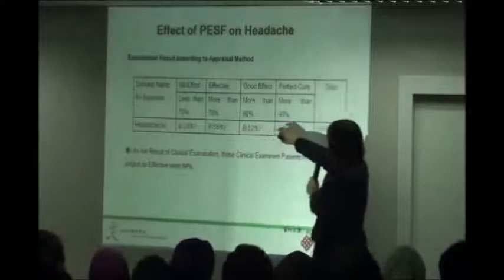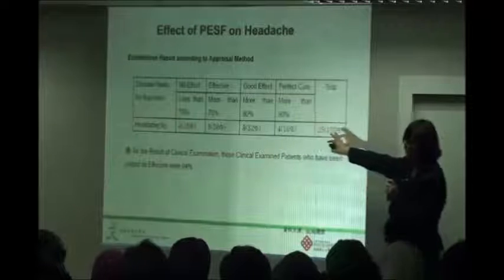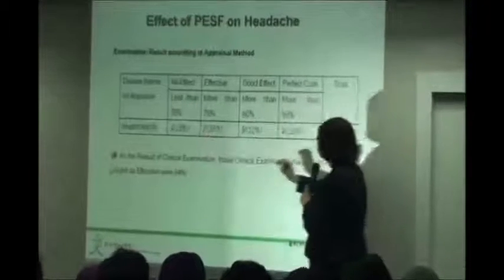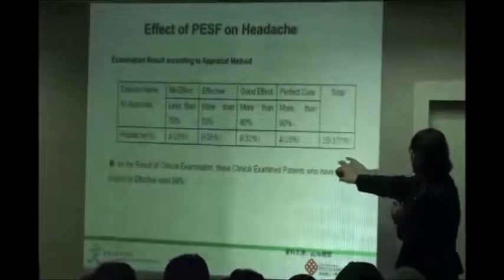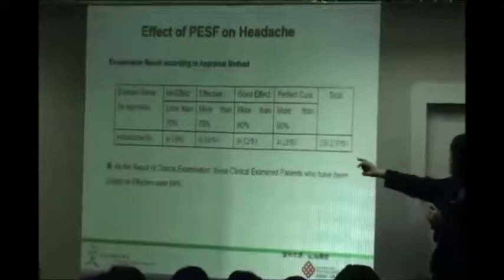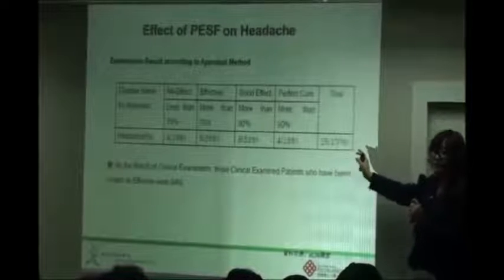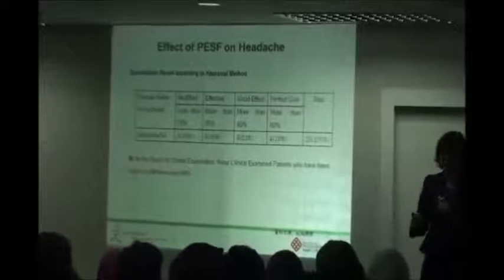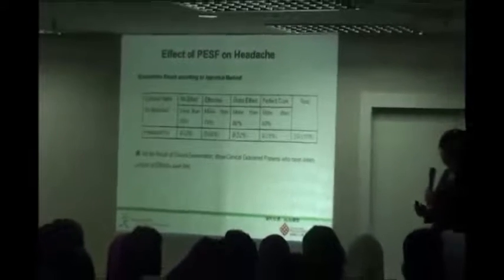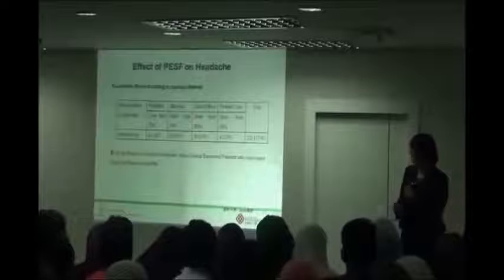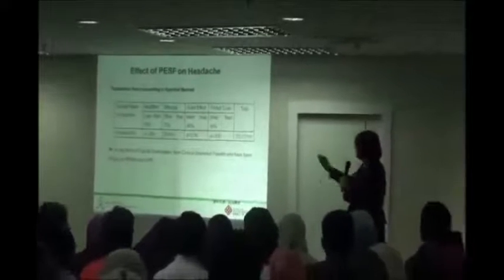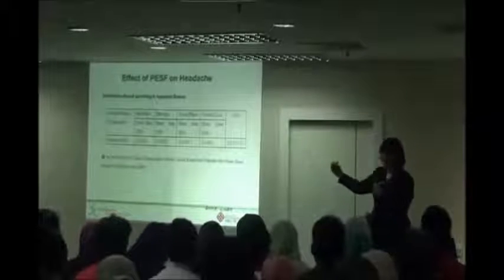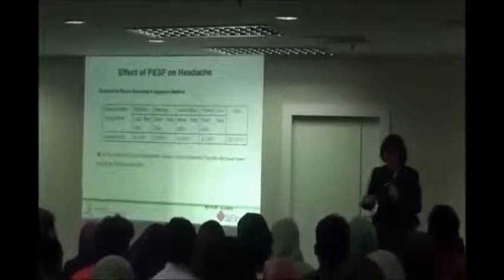Effective, with good effect or perfect cure, only 4 had no effect, and 21 were effective, with good effect or perfect cure. This is why we use a group to test, because the response can be at different levels, different extents. So all effective, but with good effect, a perfect cure, or just decreased pain.